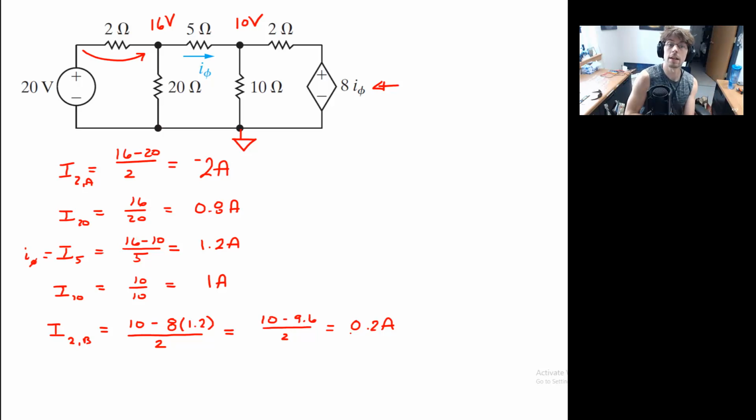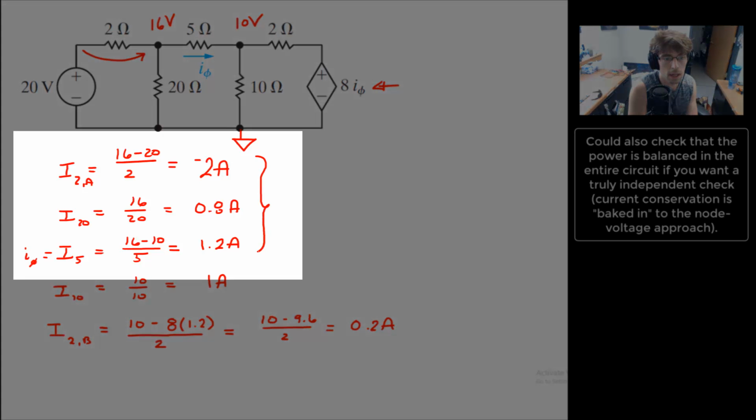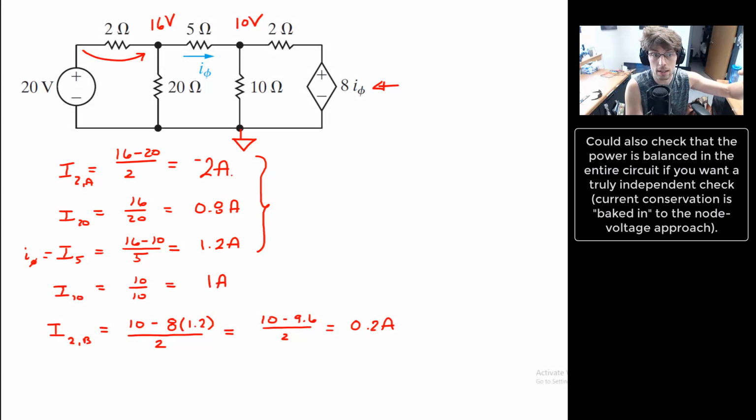And boom, we're done. And we should probably double check to make sure that everything matches up. So it's always good to sanity check. So these 3 deal with node A. And indeed, we see that 2 amps goes into node A, and 2 amps comes out. Okay, everything works out there.